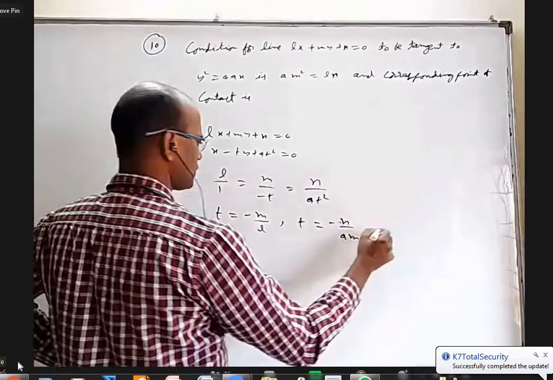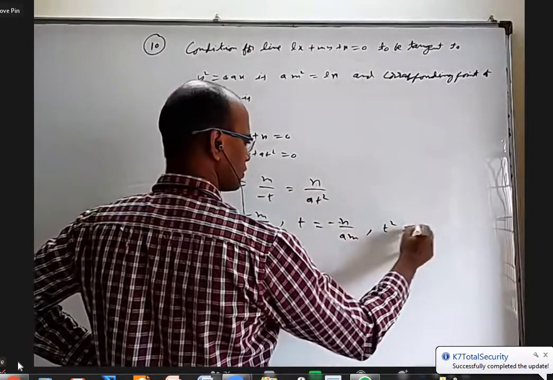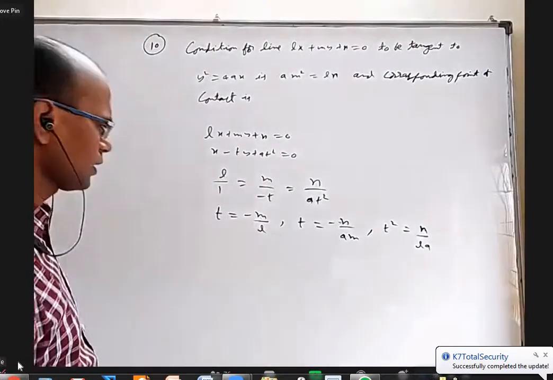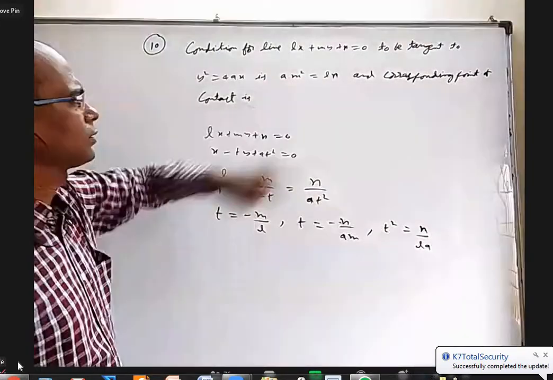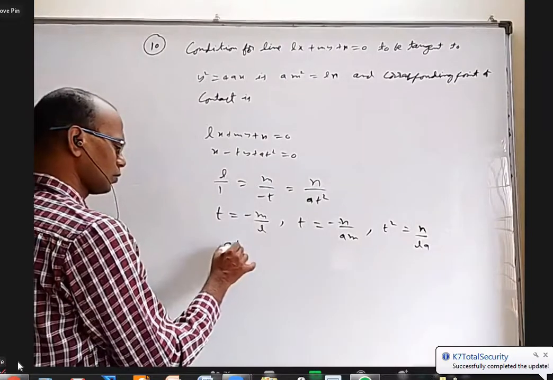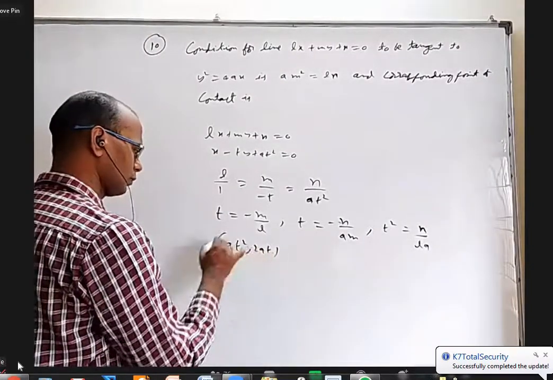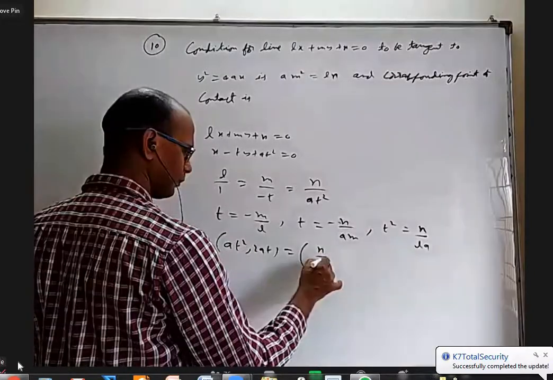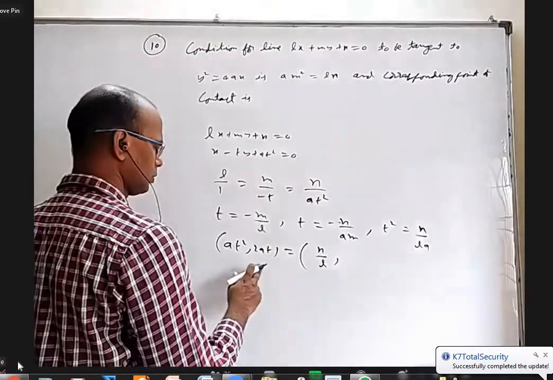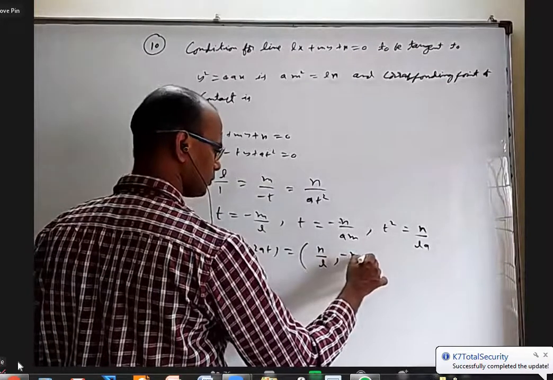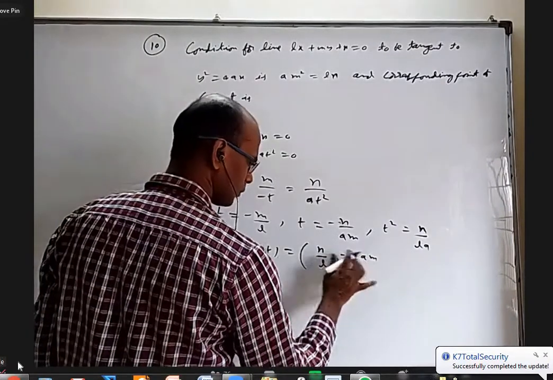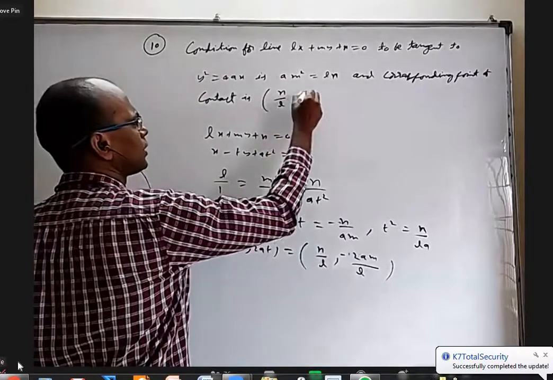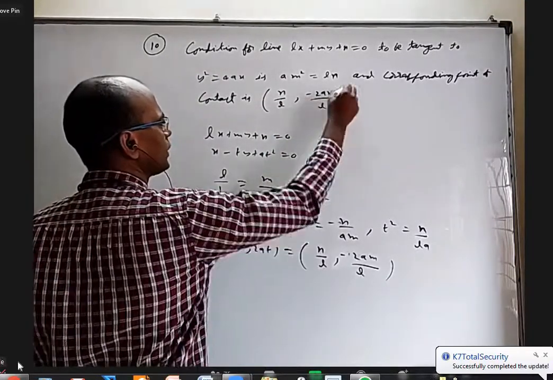Or if I compare the first and last, I'll get t square equal to n by la. If I equate these, I'll get am square equal to ln. So this is done. But what is this at square comma 2at? If I use this, it will come n by l comma minus 2am by l. So here you can write n by l comma minus 2am by l.